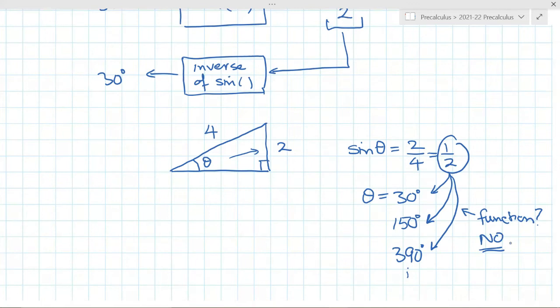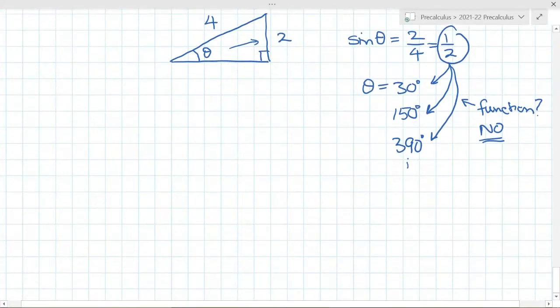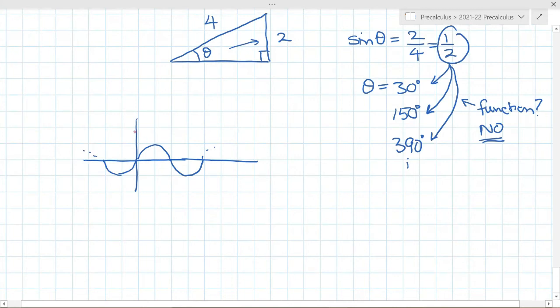And let's see visually what that means, right? So for example, this is sine, right? And this takes angle as the input and ratio as the output, right? So if we're trying to make the inverse function, there the input will be the ratio. If I got half, the graph will become like this, right?